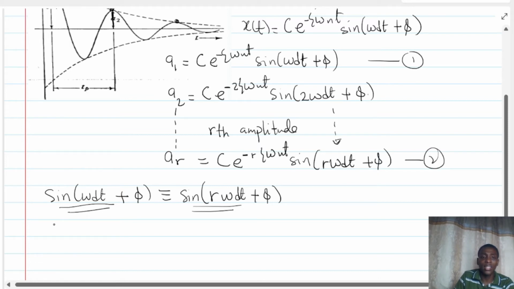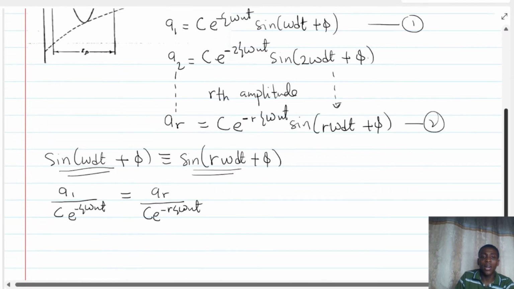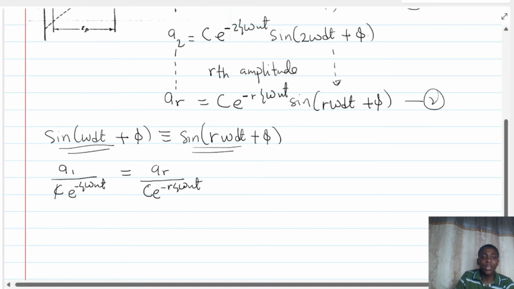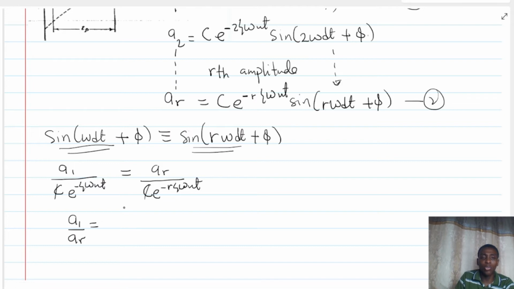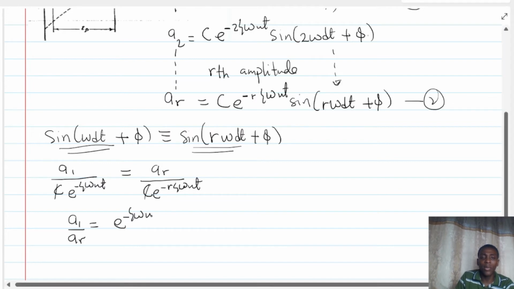From equation 1, A1 divided by C e^(-ζωn t) is the same as Ar divided by C e^(-rζωn t). Now C cancels, so A1 over Ar is going to be e^(-ζωn t) divided by e^(-rζωn t).